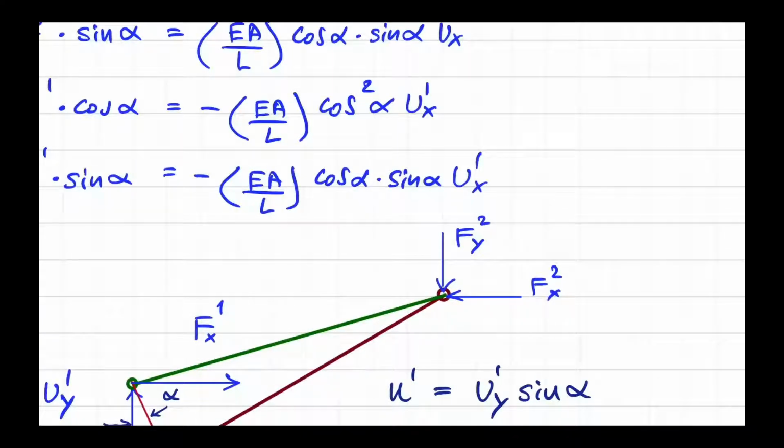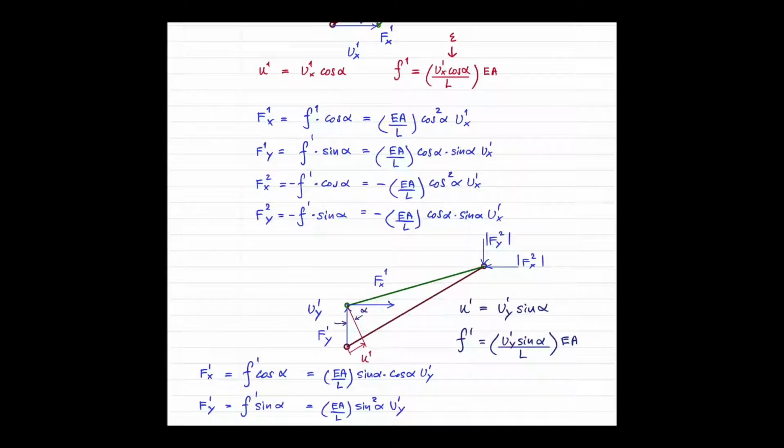Let me put the absolute sign there, because here I just point the head of the arrow towards the direction that will be conducive for you. It is understandable that the F2x will be pointing towards the direction opposite to the F1x, right?